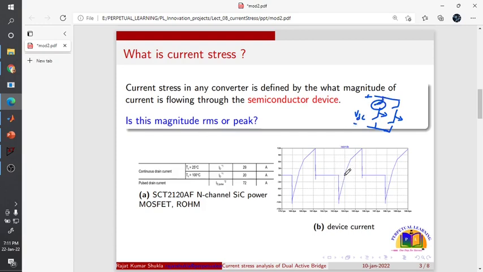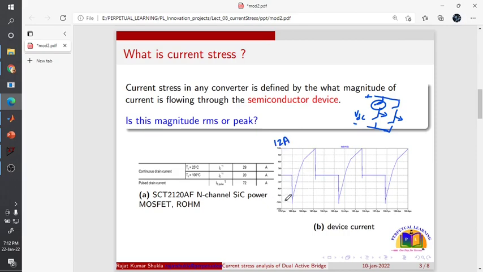This is one simulated current. I have just simulated it. Maybe it is not visible because of the small font, so I'm writing it here: that is 12 ampere.